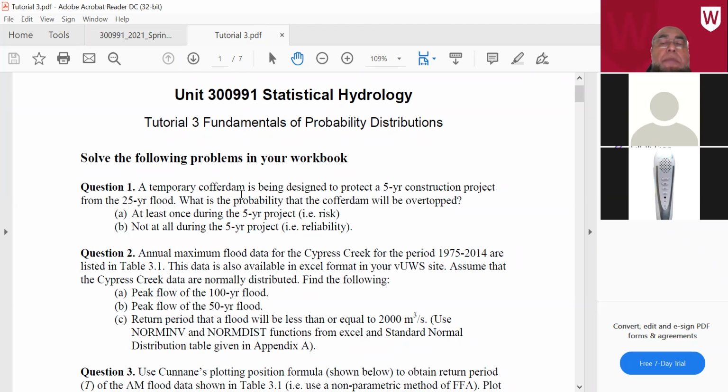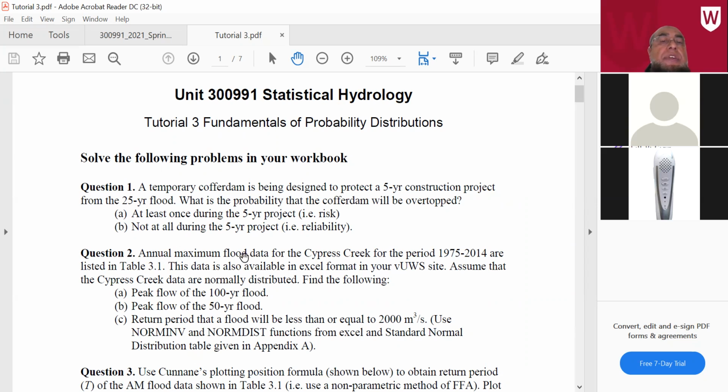The coffer dam is the temporary structure that we build during the construction of an important project. For example, if we are building a barrage or dam or bridge, then we create a dam or embankment around the project site so that during construction, a big flood does not come and destroy the site.